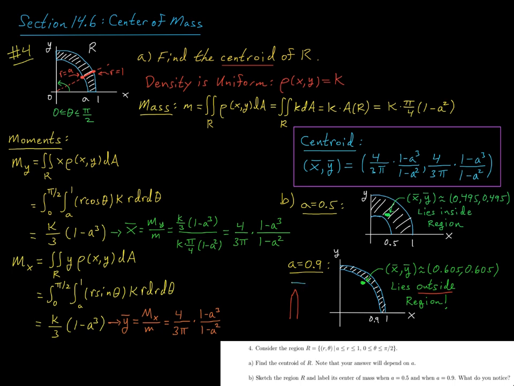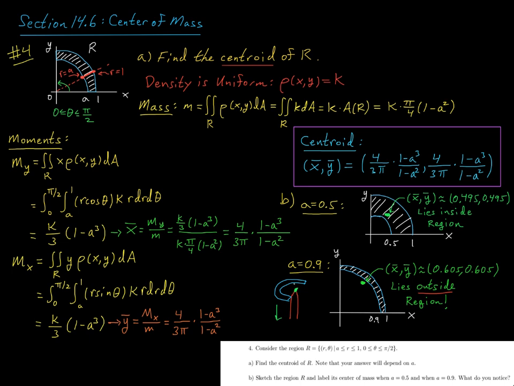If I try to balance my region at this point, of course, it's not going to balance at all. It's not even touching the region, so it's just going to fall straight to the ground. So what do I make of that?